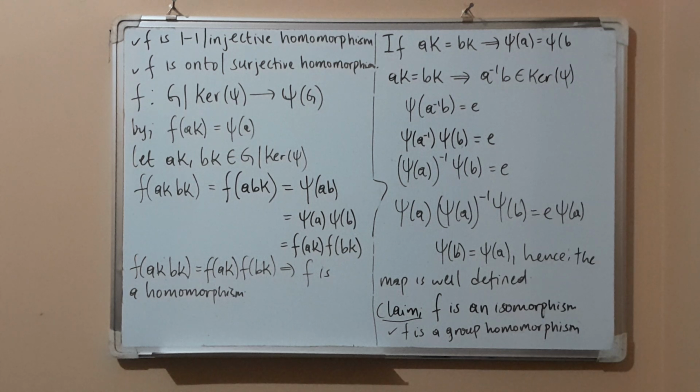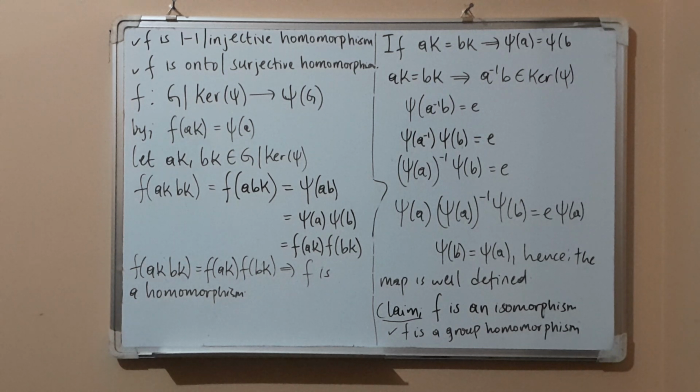Yes. Now next we are going to show that F is one-to-one. Remember, if you are supposed to prove that a given map is one-to-one, then we have to pick an element from the kernel, and we show that that element is mapped to the identity.